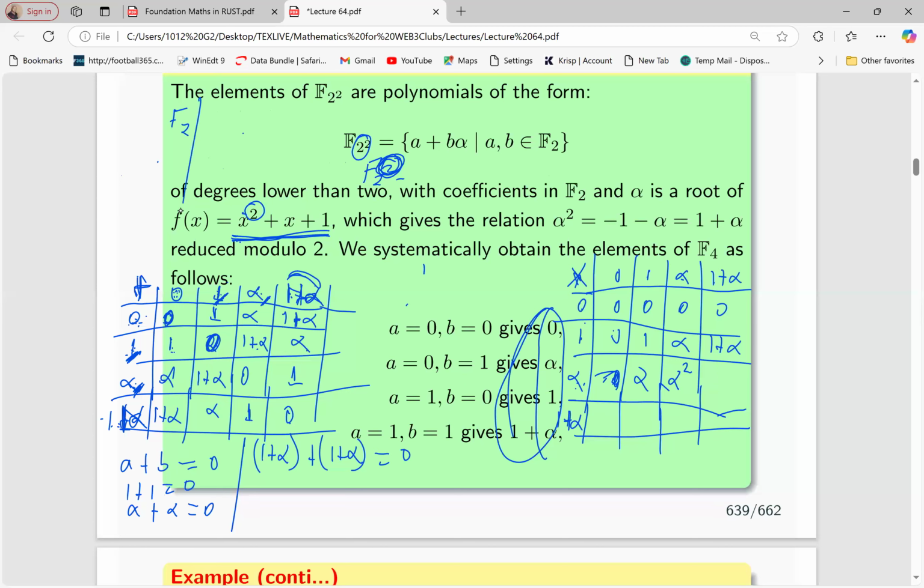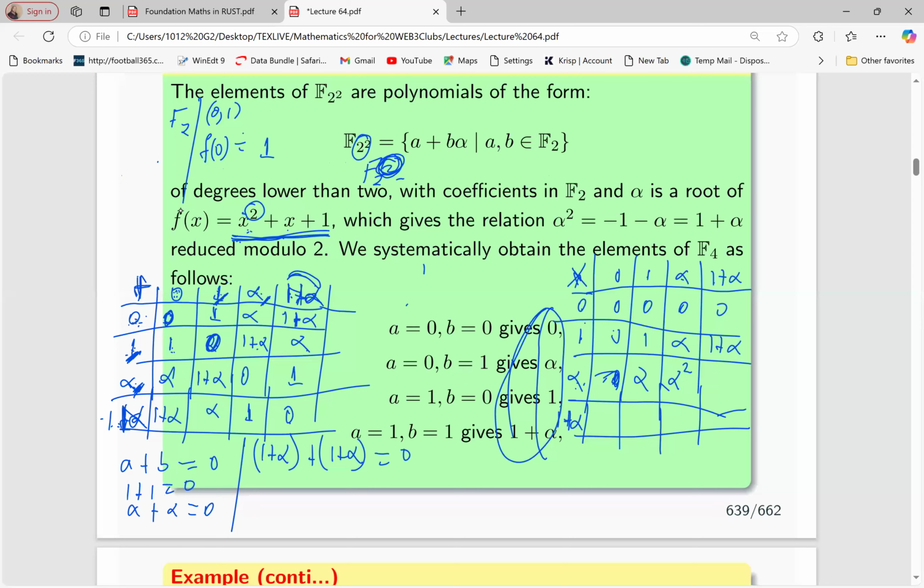So the polynomial that I've chosen is irreducible because you can try the elements of F2. The elements of F2 are 0, 1. You can try and you discover that none of them is a solution. For instance, when you try 0, you have 0 squared plus 0 plus 1, that gives you 1. So 0 is not a solution to this polynomial.